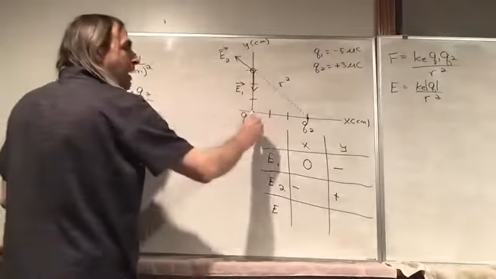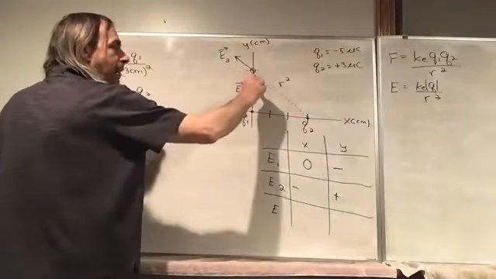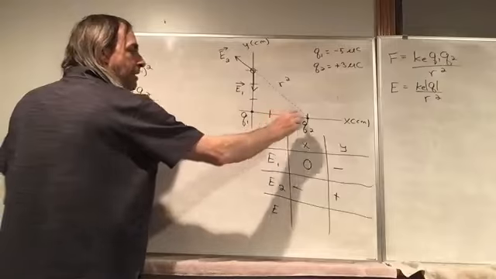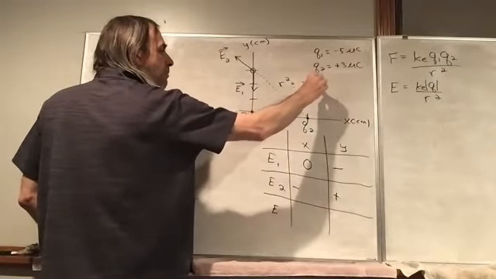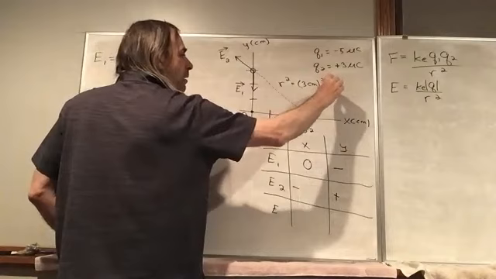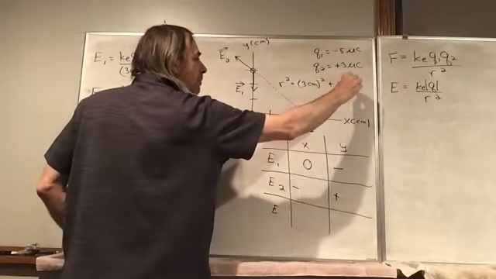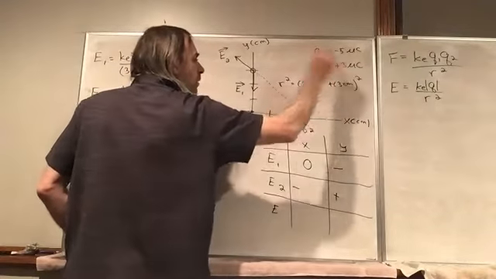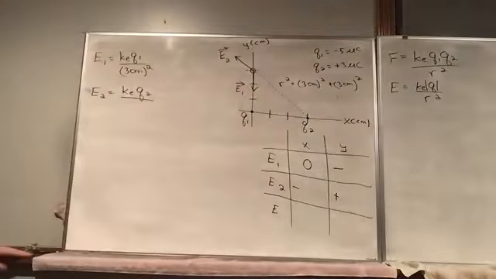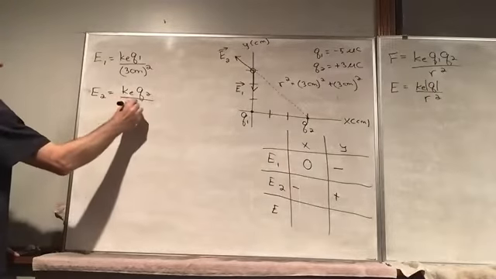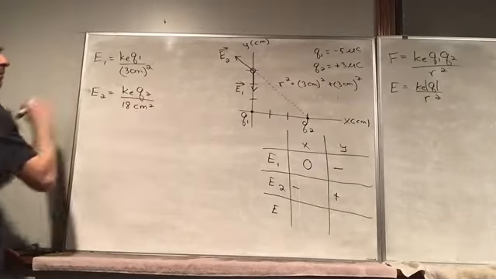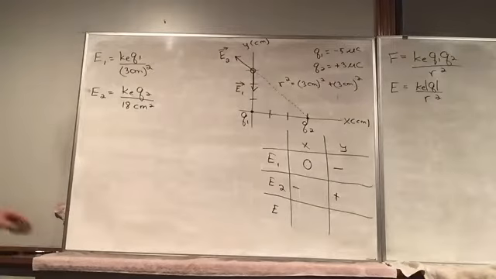So again, we have a right triangle here. That distance is 3. That's 3. So r squared would be 3 centimeters squared plus 3 centimeters squared. So that would be 18 centimeters squared for E2.